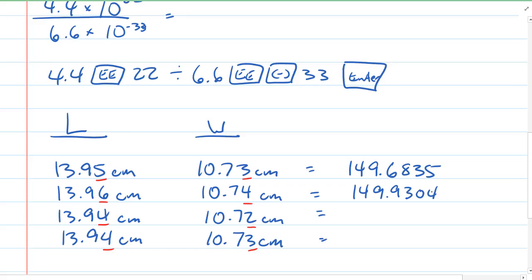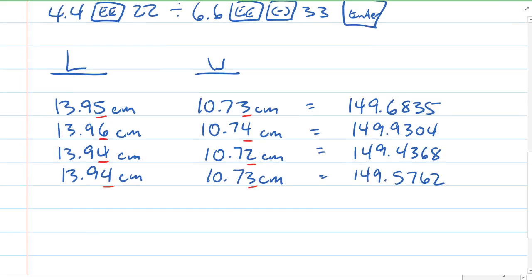I'll take 13.94 times 10.72 and get 149.4368. And then the last one, take 13.94, multiply it by 10.73, come up with 149.5762.